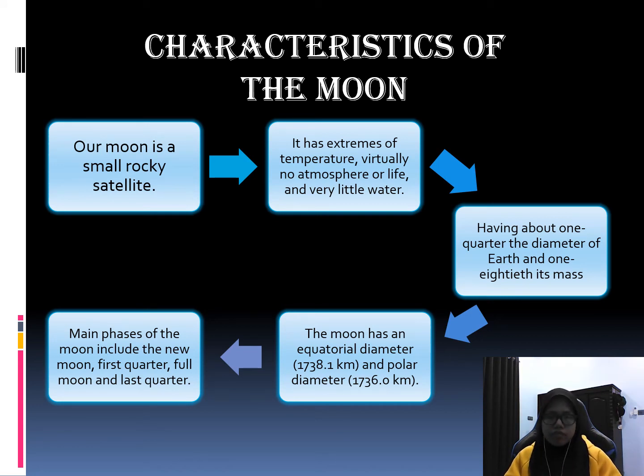It has an equatorial diameter of 1738.1 kilometers and a polar diameter of 1736 kilometers. So the main phases of the moon that we will discuss in this video, the first one will be the new moon, followed by the first quarter, the full moon, and the last one is the last quarter phase.